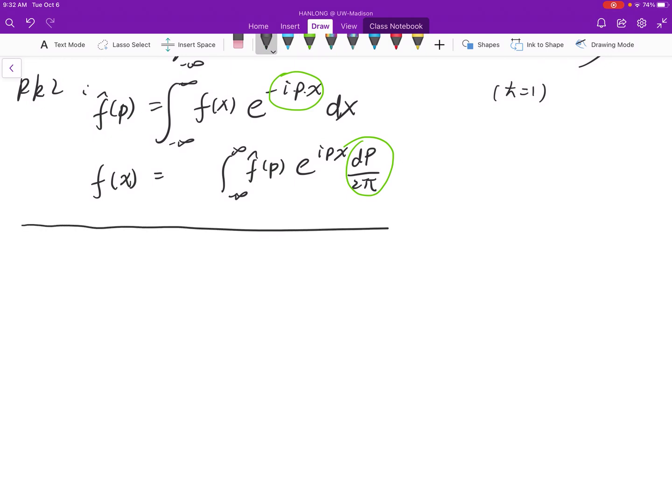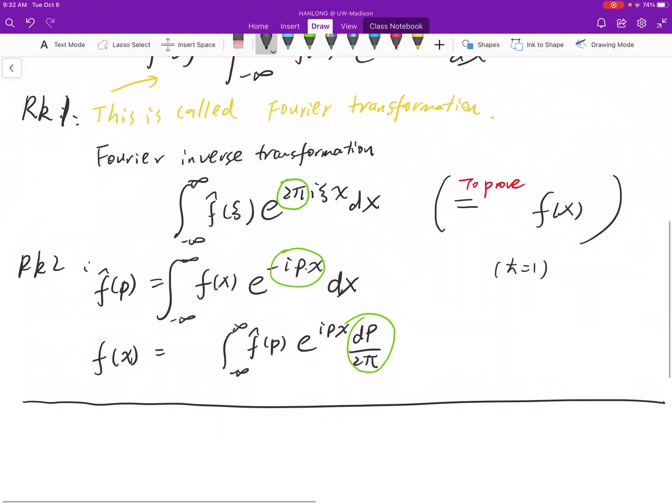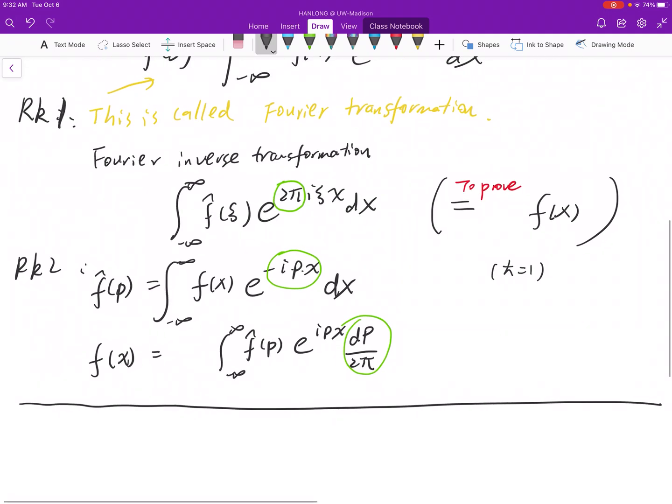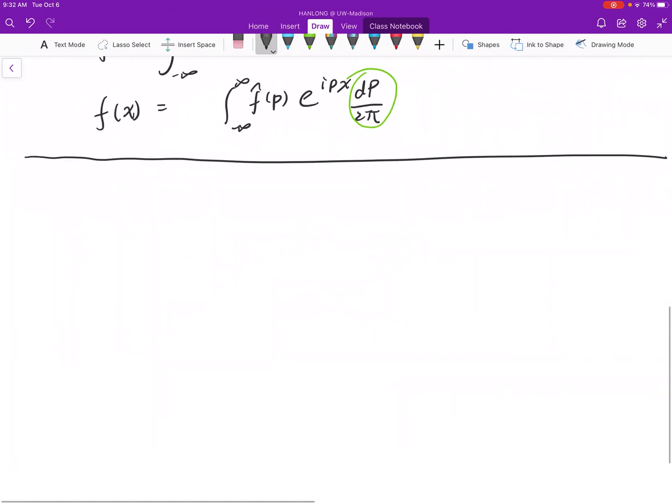They're the same thing actually if you normalize your variable. But in this course, or in mathematics, we just take the first convention. We use exponential 2 pi i ξ x.